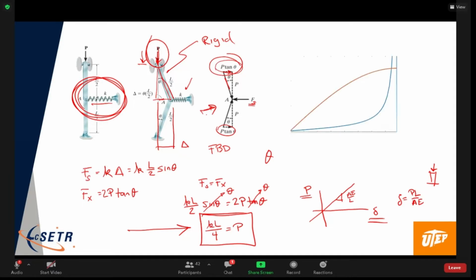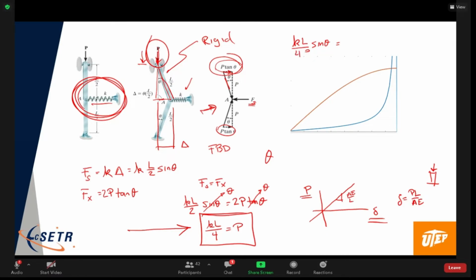One way you can think about it is if we were to look at this plot. What I'm going to do here is take equilibrium. So again, I have KL on 2 sine of theta, and I'm going to just divide by 2P.